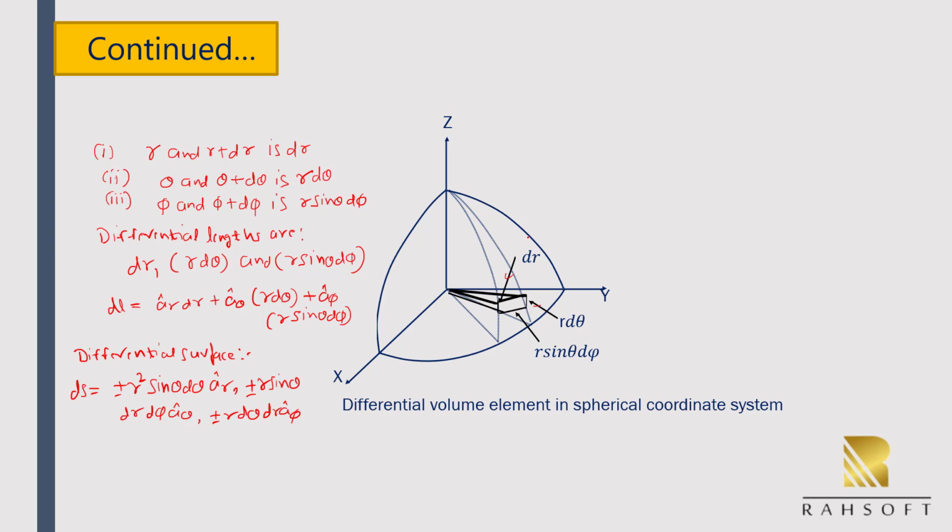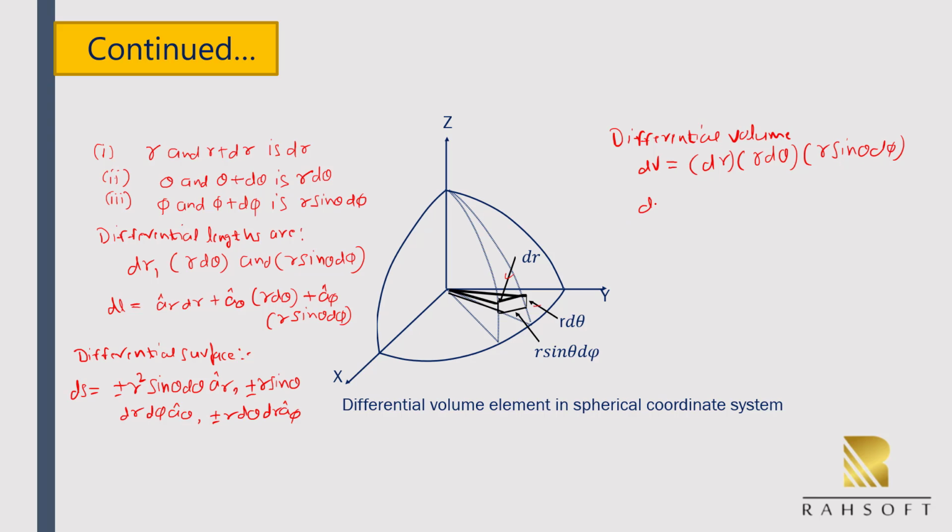And the differential volume dV is equal to dr times r d theta times r sin theta d phi.